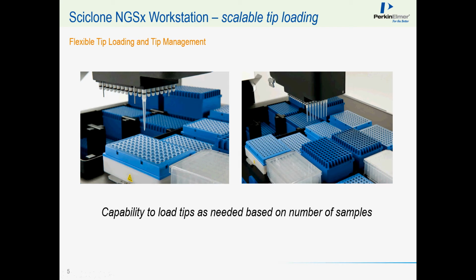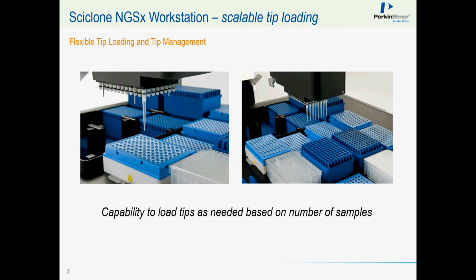There are a lot of customers that don't want to run a full plate. They may run, for example, half a plate or even 2 columns of samples, which equates to 16 samples. What we do is put some of our master mixes, or even an A-tail mix or a ligation mix, in a column as opposed to distributing them across a whole plate.